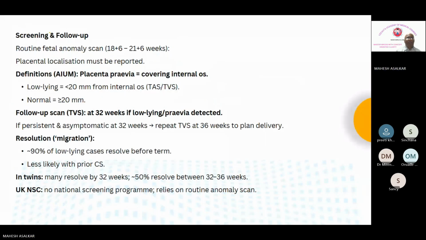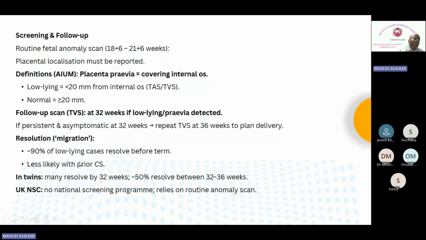Okay. Now screening and follow-up: routine fetal anomaly screening is around 18 to 21 weeks 6 days. We will localize the placenta, and after that, as per the definition, whether it is low lying, normal, or previa, we are going to follow them up at 32 weeks and further at 36 weeks if it is persistent. How many cases will resolve by term? 90% of the low lying cases resolve before term.